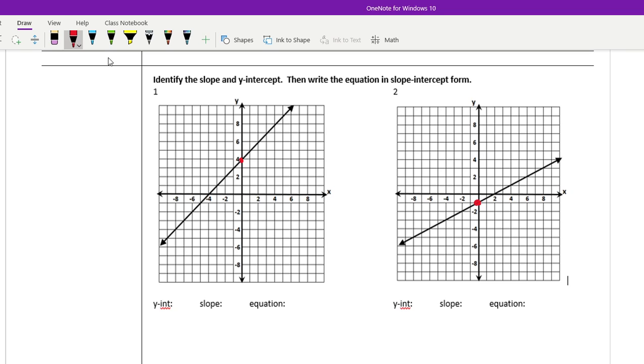So in this case, my first problem. Y-intercept is a location, so I need to put it in ordered pair. X value for every y-intercept will always be 0. And in this case, the y-intercept value will be 4.